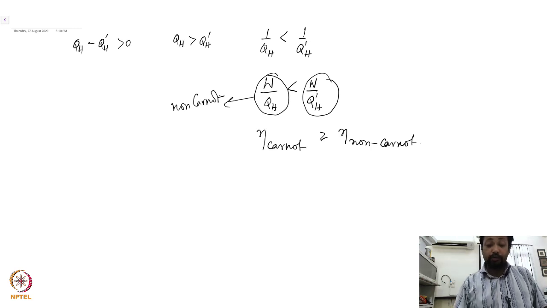But it clearly tells you that if you were to design a non-Carnot engine that violates Carnot's theorem, then essentially you also violate Clausius' theorem. So the question now remains, what should be the efficiency? Eta, which is W over QH, which is 1 minus QC over QH.